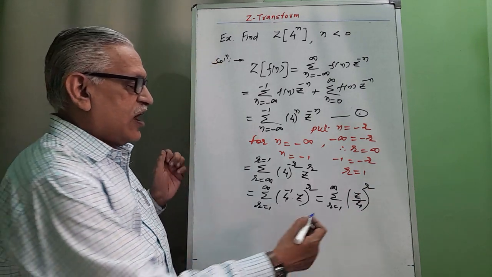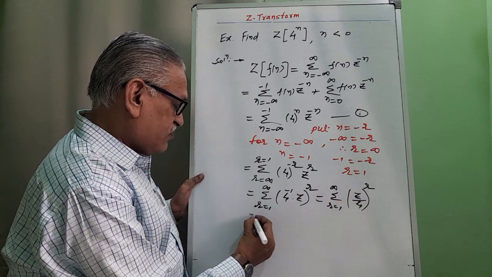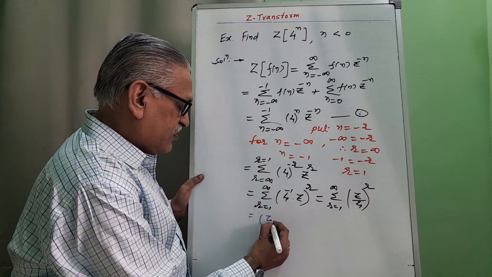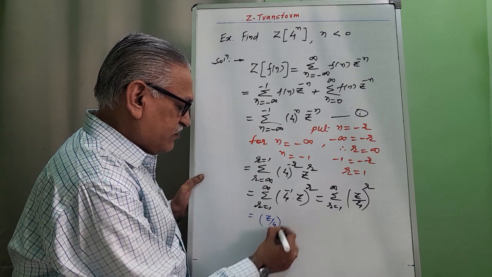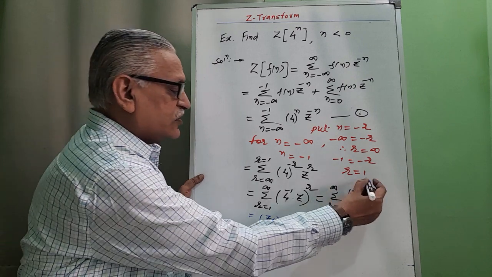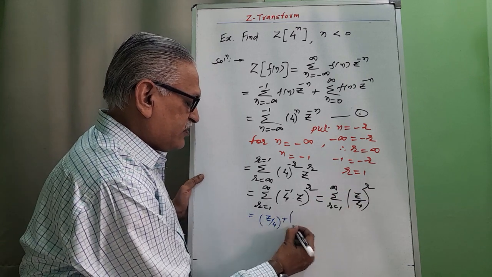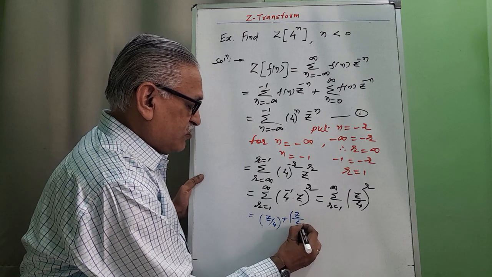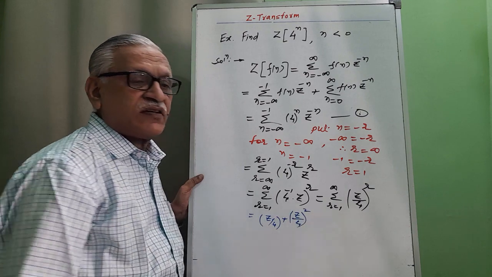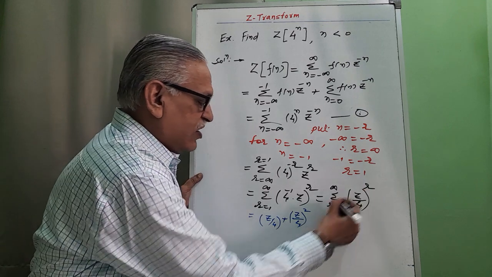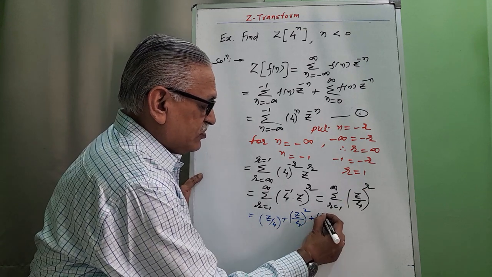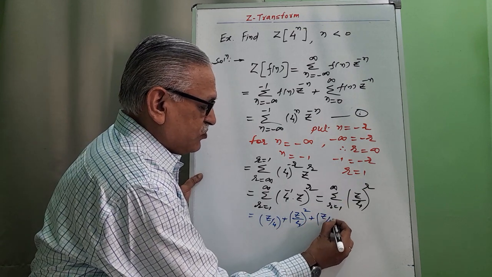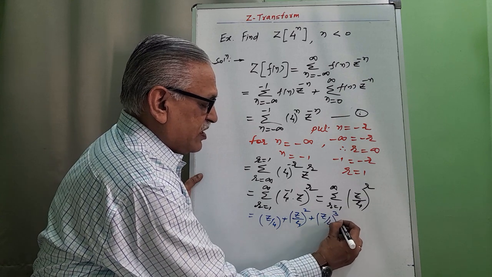For the first value r equals 1, we have the first term as z by 4. For r equals 2, we get the second term as z by 4 whole square. For r equals 3, we have z by 4 whole cube, and so on.